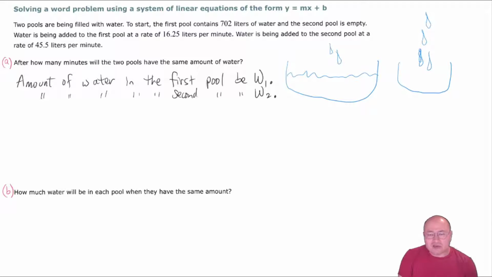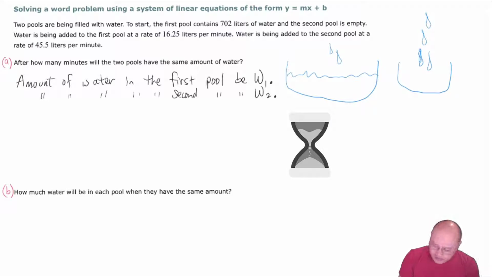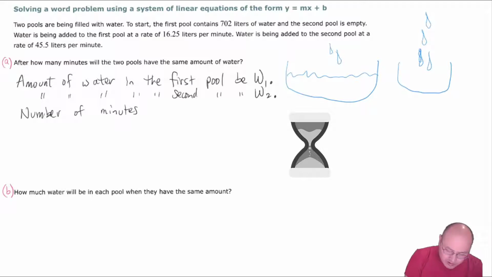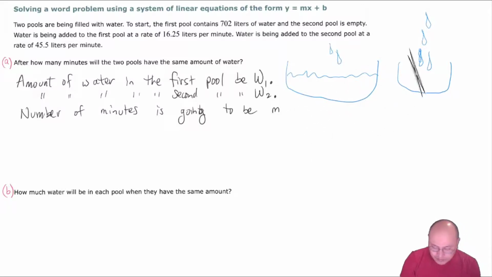In fact, it's going to be called the independent variable. And that is the number of minutes. The number of minutes is going to be little m.